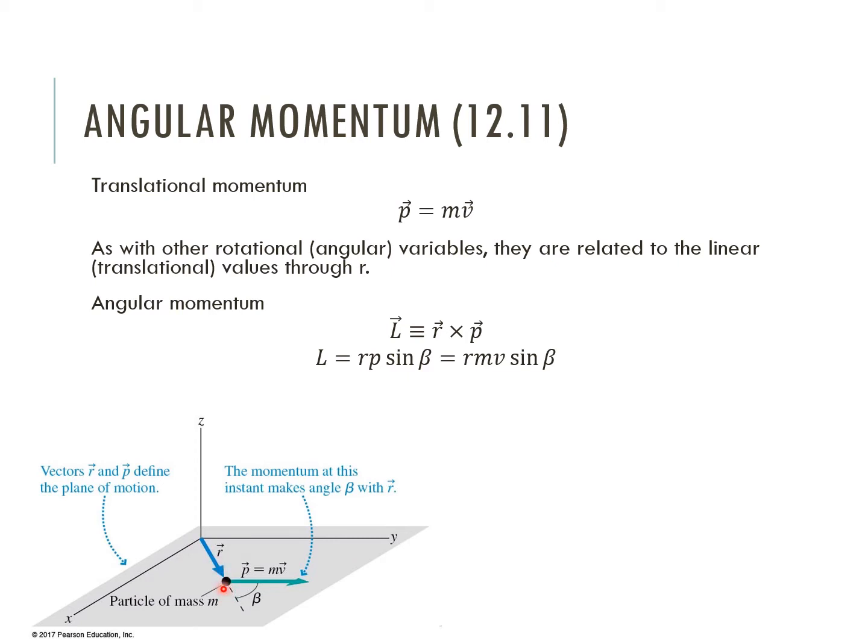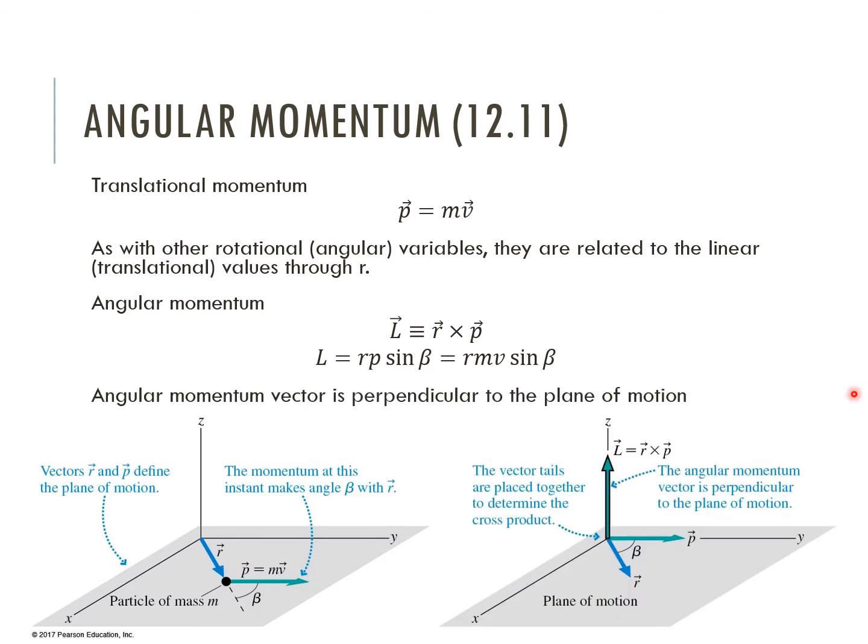And so we can shift these vectors around to get the angle beta. And then going through and doing the cross product, similar to the torque, the resulting vector is going to be perpendicular to the plane of the other two vectors.